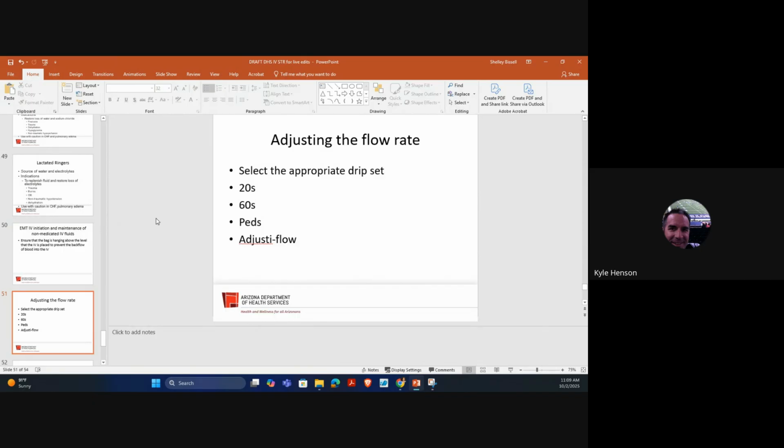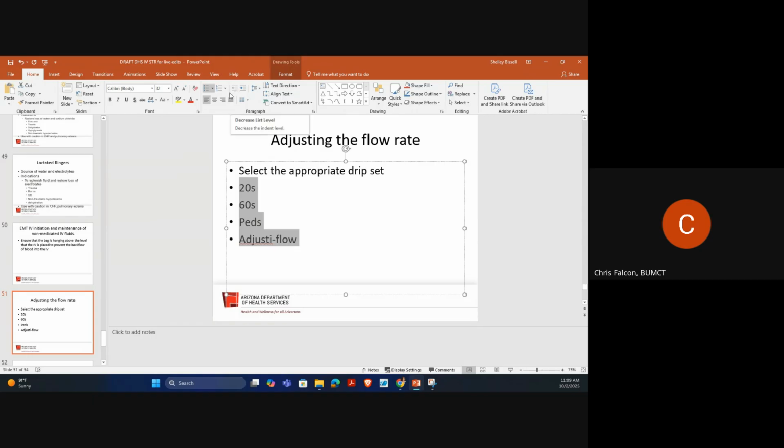Maybe we don't, because it could be confusing for hospitals. I'm just throwing that out. I was thinking that too. I'm trying to be clear here about just explaining what a drip set is. Sure. And I don't think it would change what's already in the standard, because that should just be on the ambulance, period.